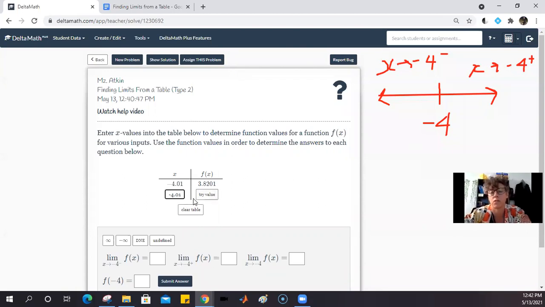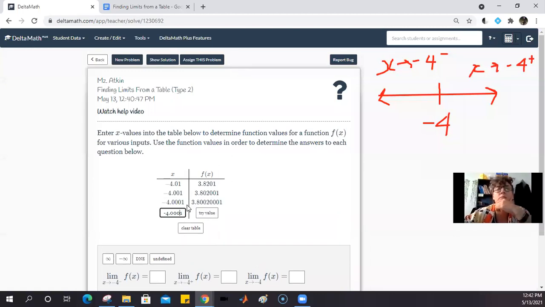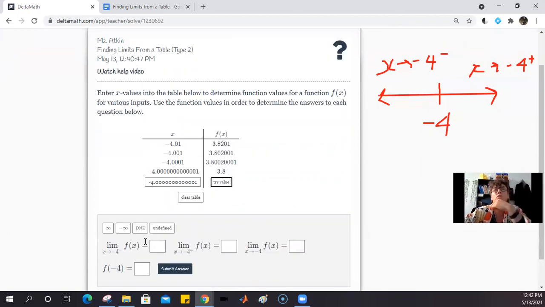Let's get a little bit closer to -4, but slightly more negative. -4.002. Got it. Let's put another 0 in there, -4.0002. Let's just put a whole bunch of zeros. Okay, 3.8. It's telling me that as I get closer and closer to -4 from the left, we are approaching 3.8.